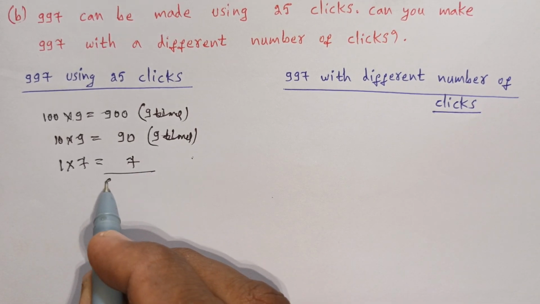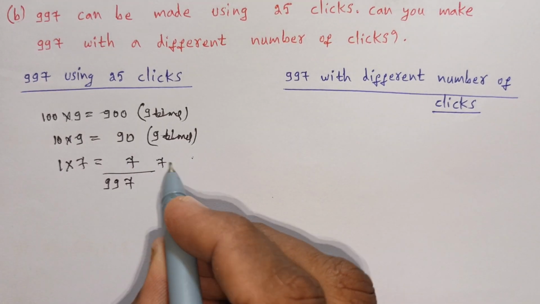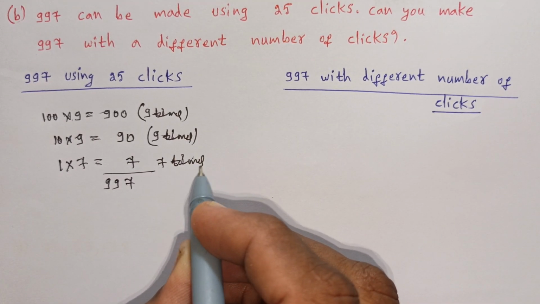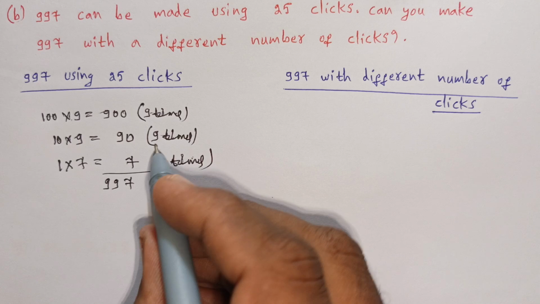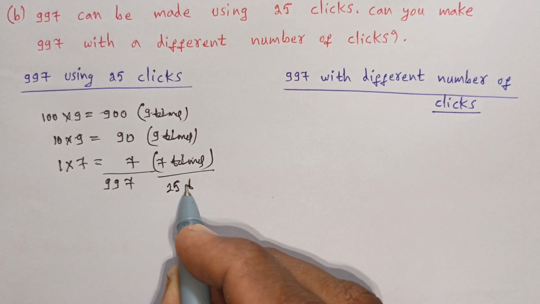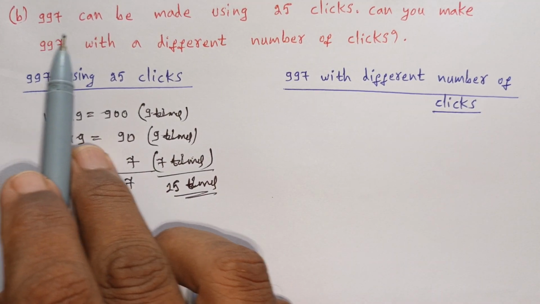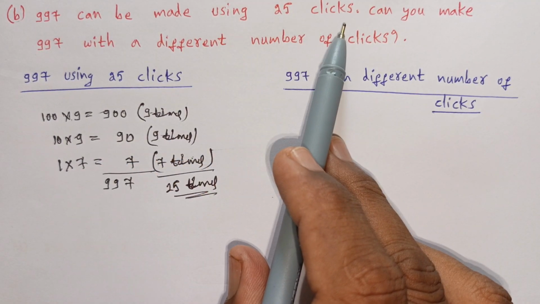So we will get 997. So 9 plus 9 is 18, 18 plus 7 how much? 25. So in this way the first given sentence is correct. 997 can be made using 25 clicks.